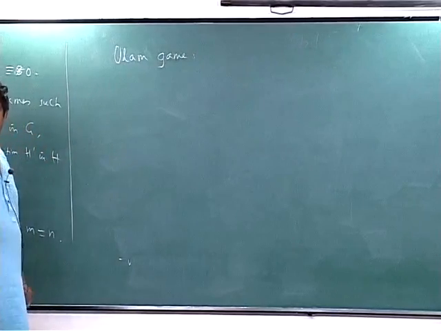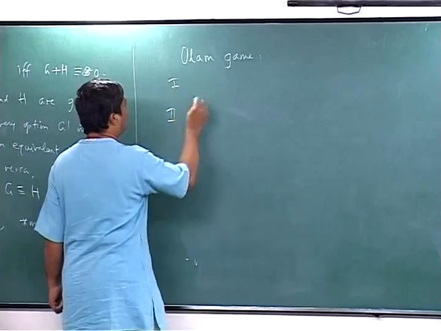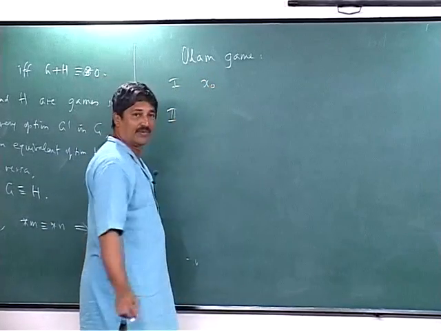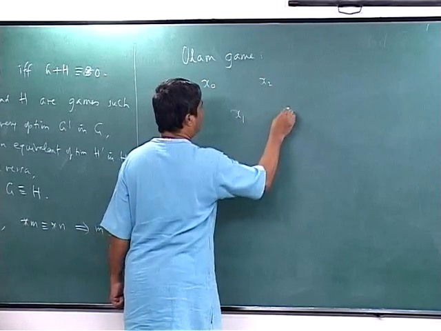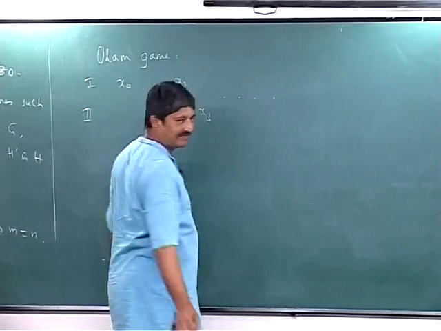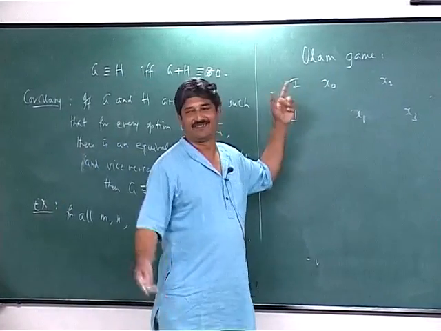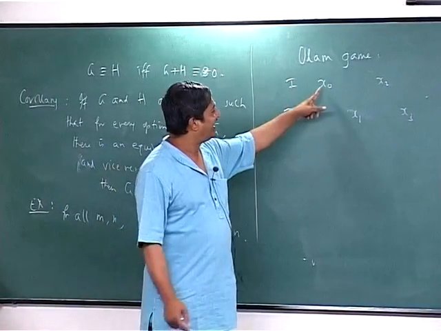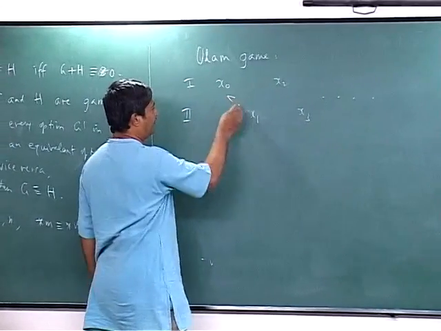There are two players, 1 and 2. Player 1 picks a natural number x0. Player 2 responds with x1, x2, x3, and so on. For convenience, I assumed that x0 is less than x1, less than x2, less than x3, and so on.